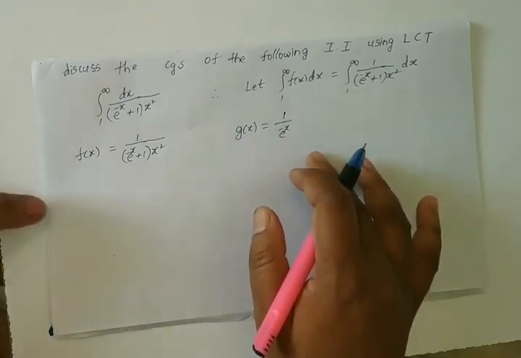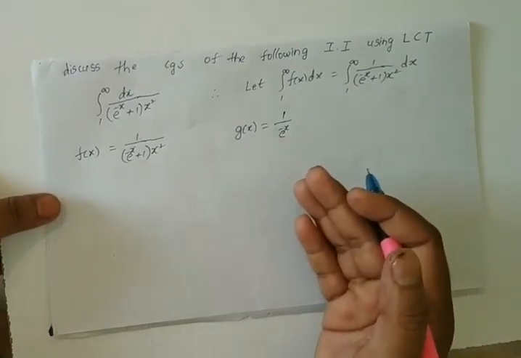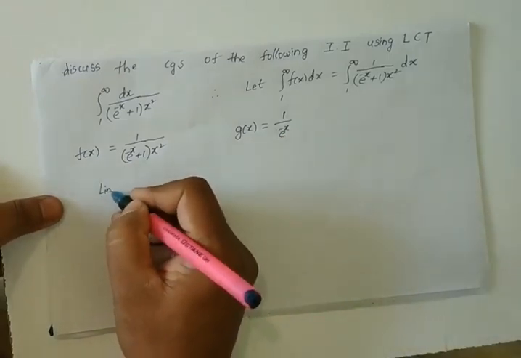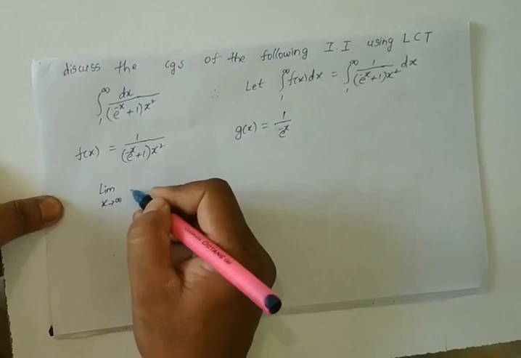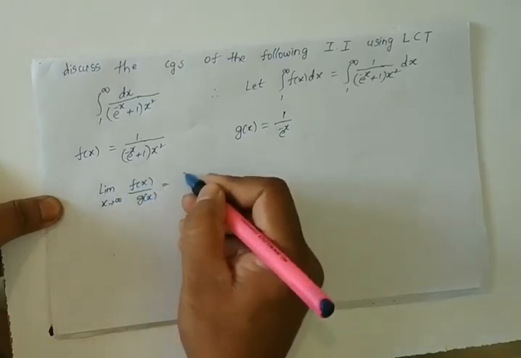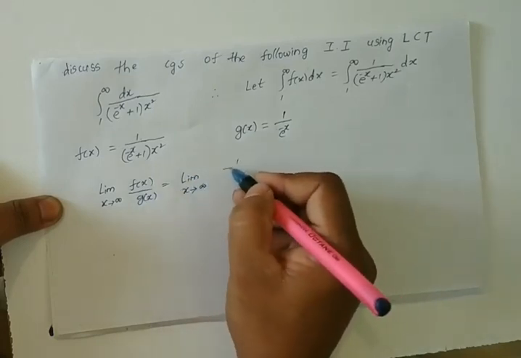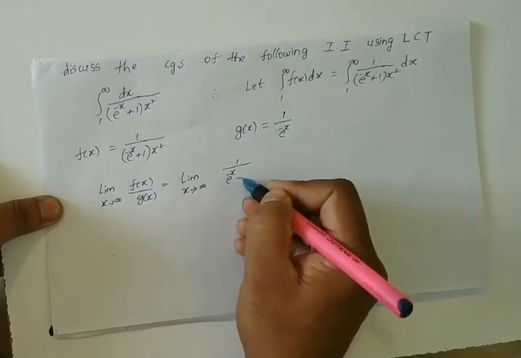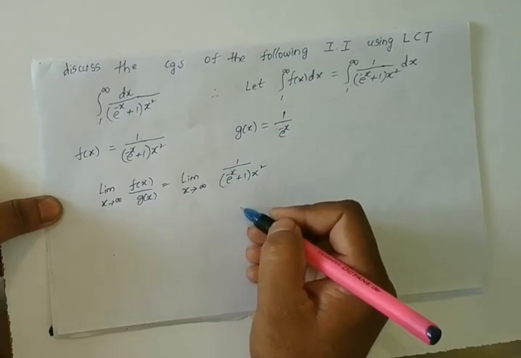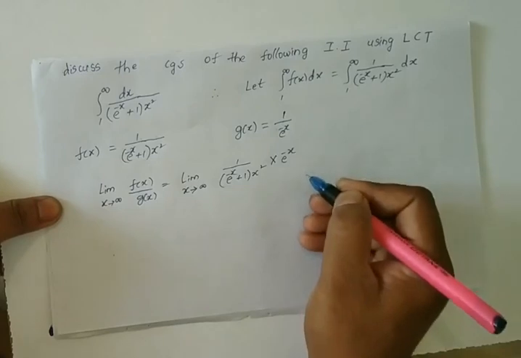Now let us see what happens to the limit as x tends to infinity of f of x by g of x. This is equal to the limit as x tends to infinity of 1 by (e power minus x plus 1) into x square, and g of x is 1 by e power minus x, so multiplying by e power minus x.